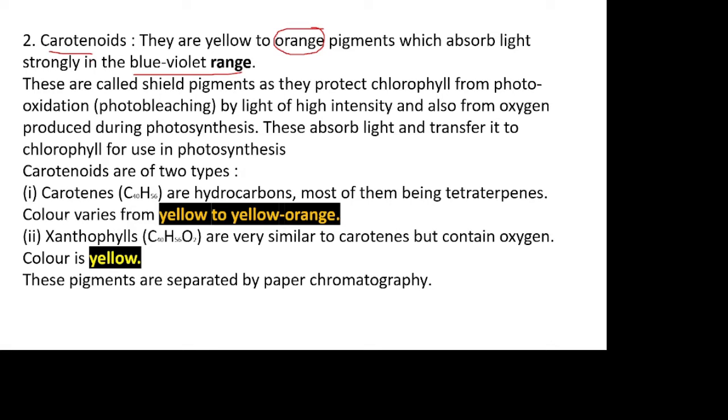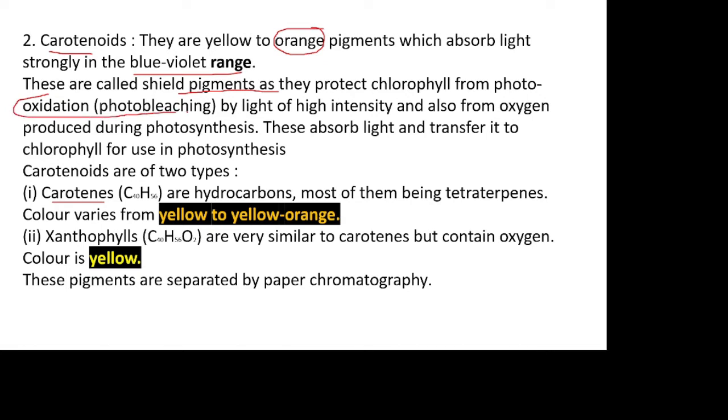We have also learned that carotene is also a type of carotenoid which is a hydrocarbon, and these are all hydrocarbons. They can be distinguished into alpha carotene or beta carotene. Beta carotene is an example of a vitamin A precursor. These pigments, other than chlorophyll, are called shield pigments as they protect chlorophyll from photooxidation.